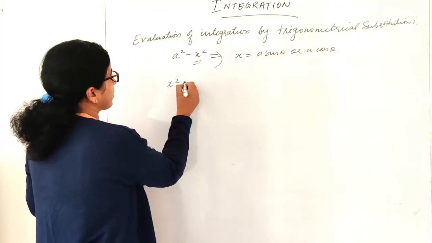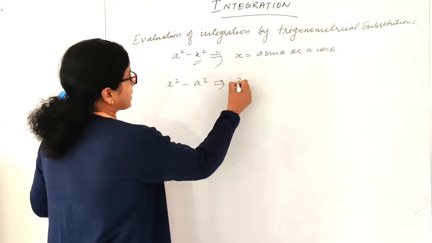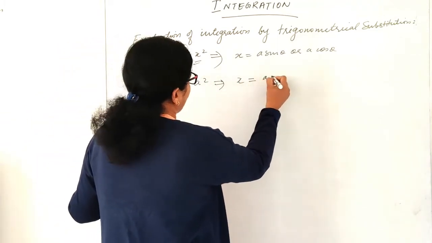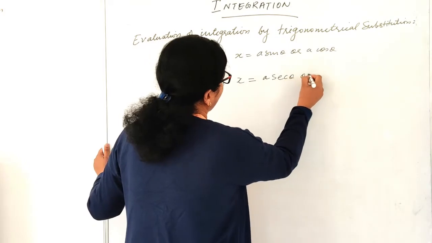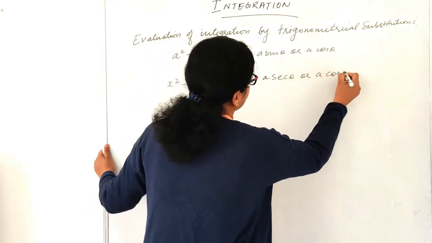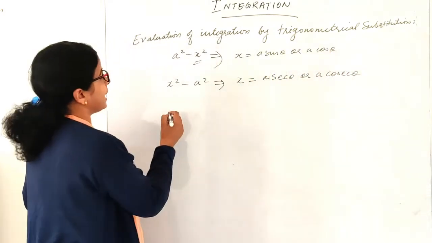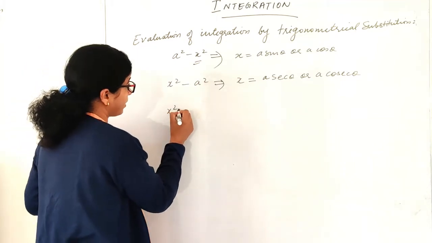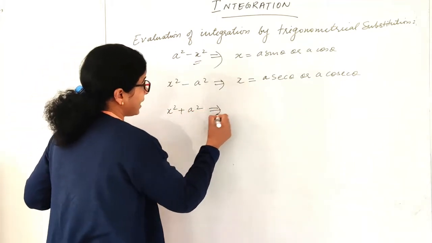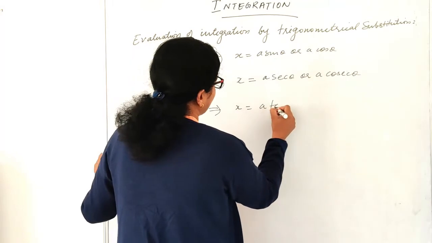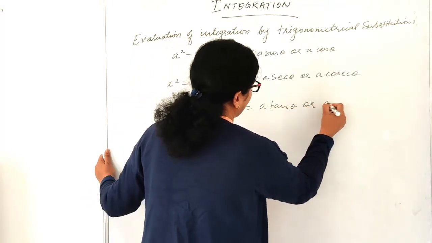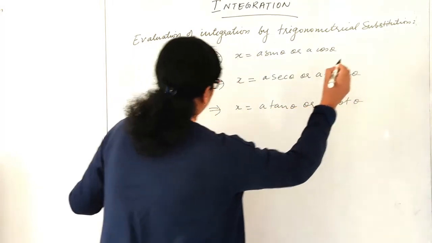I have x square minus a square, then x can be substituted as a secant theta or a cosecant theta, correct? If I have x square plus a square, then x can be substituted as a tan theta or a cot theta, right?